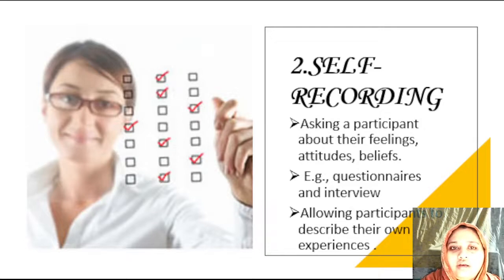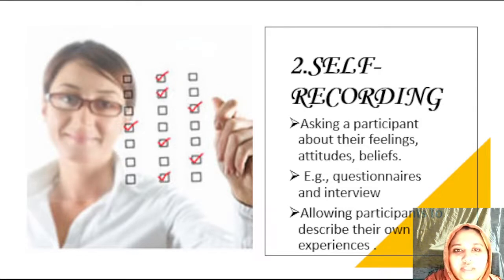A questionnaire is a type of self-report method which consists of a set of questions, usually in a highly structured written form. Questionnaires can contain both open questions and closed questions, and participants record their own answers. Interviews are a type of spoken questionnaire where the interviewer records the responses.